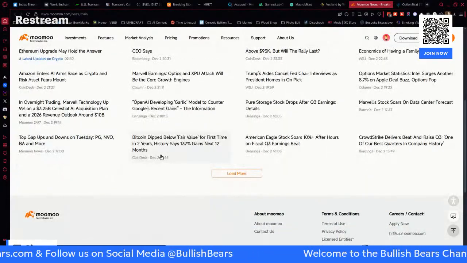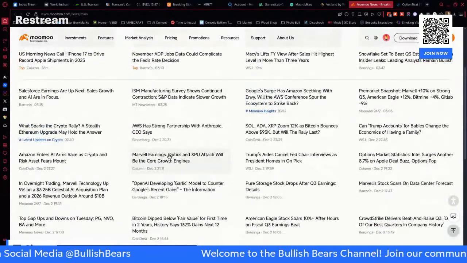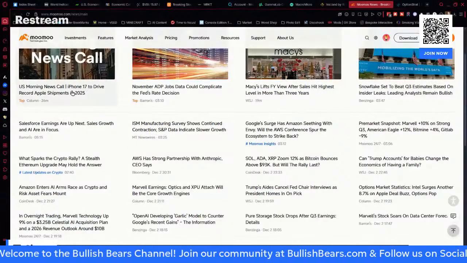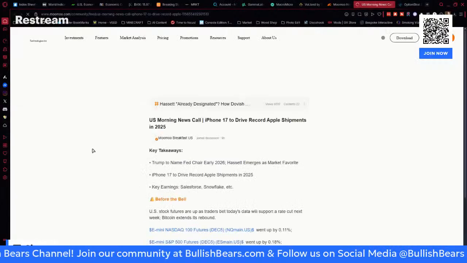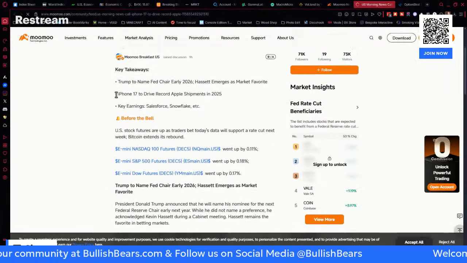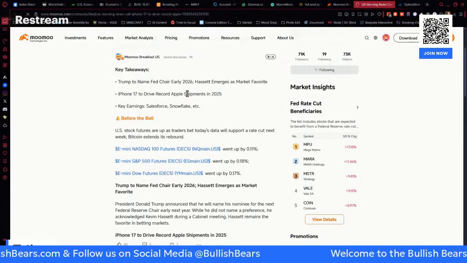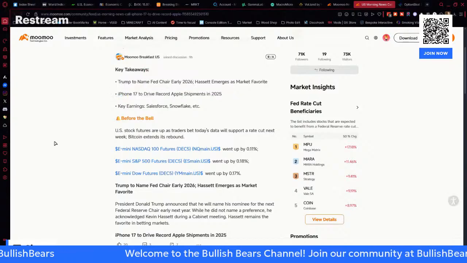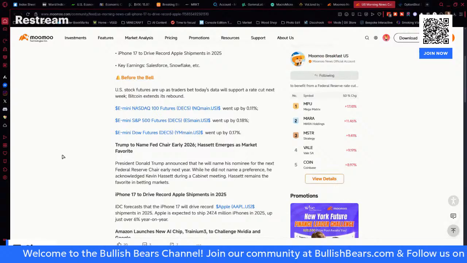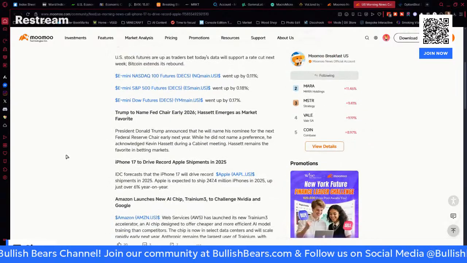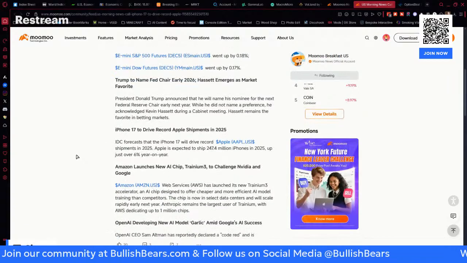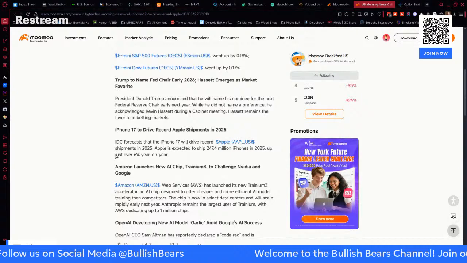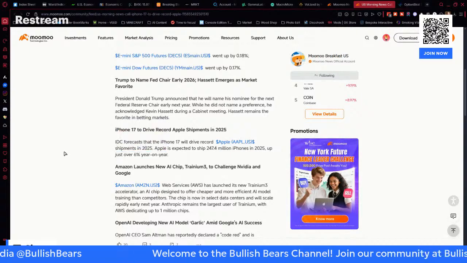Now I'm going to go look for it and I can't find it. iPhone 17 to drive record Apple shipments in 2025. Okay, that doesn't really give us a preview of 2026, but that is almost or a little over a 6% increase year over year.